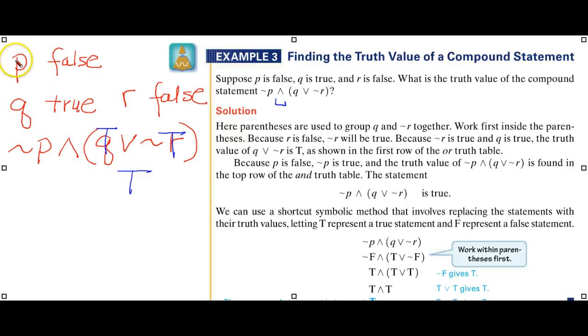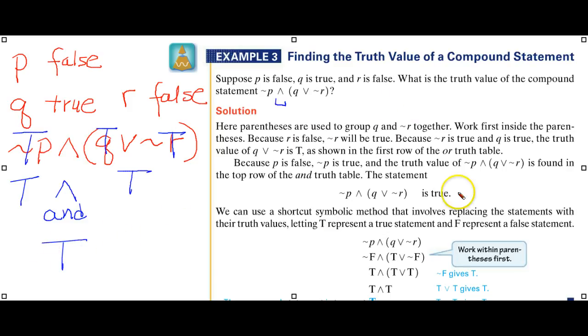Now we said P initially was false, but we're negating P. So the negation of P, or not P, will make this true. So we now have this as our final event, so to speak. This is a conjunction, this is an and, and both are true, so this statement is true.